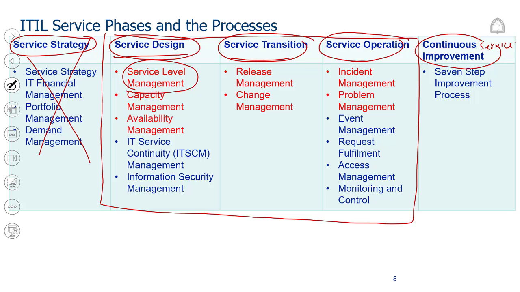So we need to agree with them on what is the acceptable time when they raise, for example, an incident or they need something to be done, how long that thing should take. So for service level management, you need to come up with what are called SLAs, service level agreements. This is an agreement between the IT and the business with regard to how long some things should take when they want them to be done.